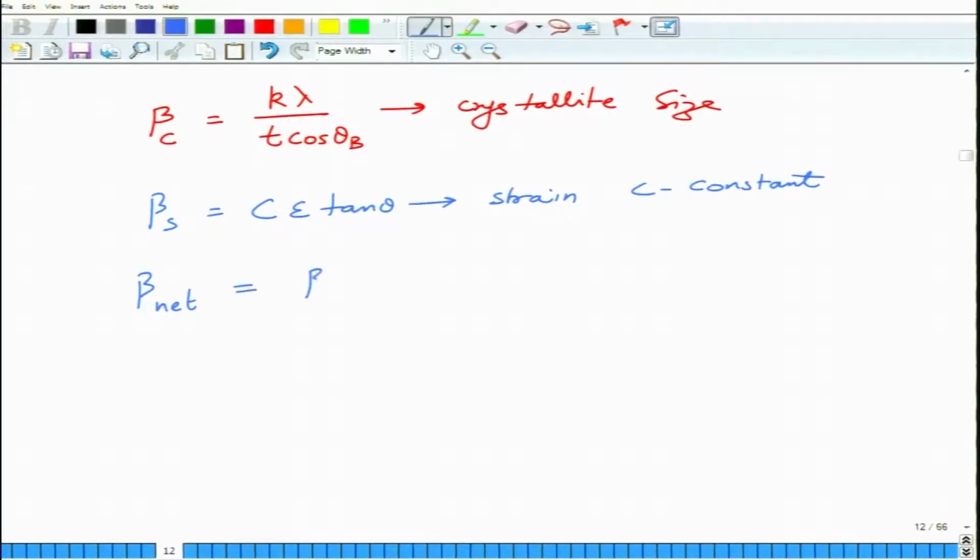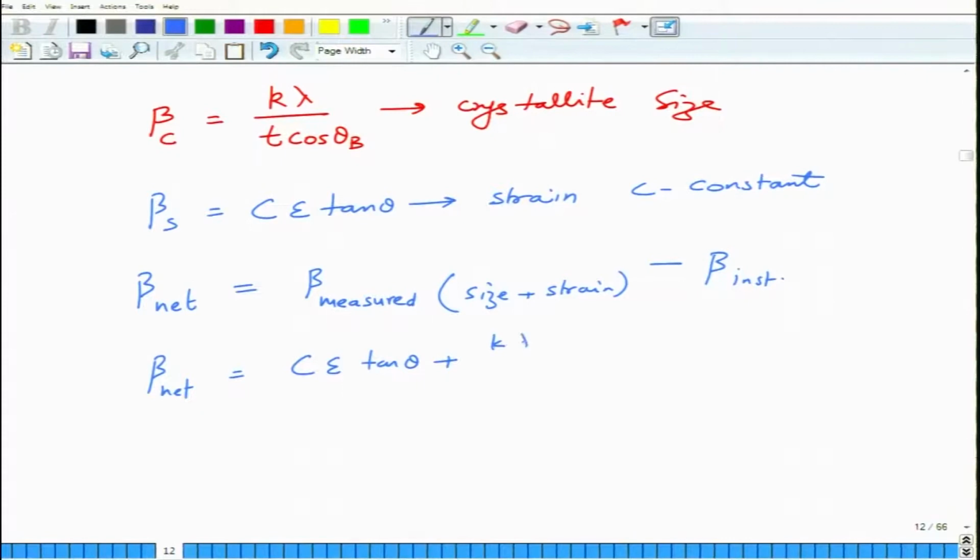So, beta net happens to be beta measured, which is because of size, minus beta instrument. So, it turns out that beta net is equal to C epsilon tan theta plus k lambda divided by T cos theta, minus beta naught, of course.